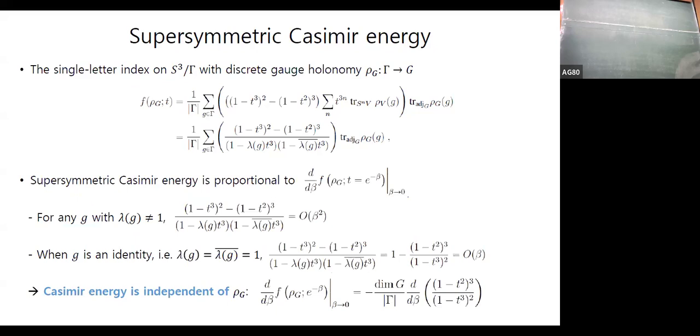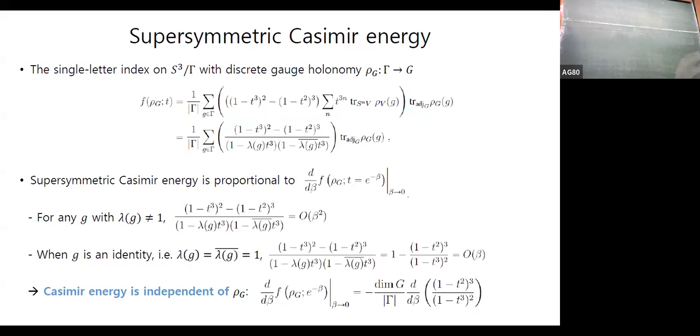And if you consider a non-trivial element of this finite subgroup, then it will have non-trivial eigenvalues, meaning that if you expand this in terms of beta, where t is e to the minus beta, it will give you an order beta squared contribution.